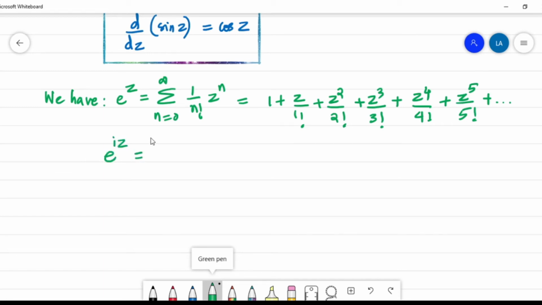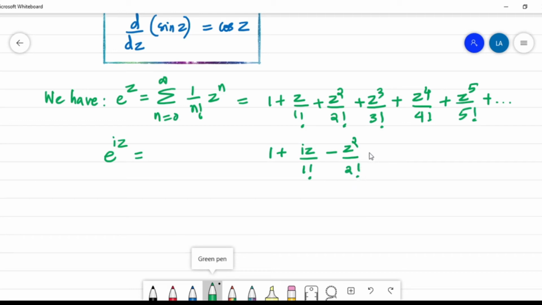When we are finding e raised to iz, we get 1 plus iz divided by 1 factorial. The next term is iz the whole squared, which is nothing but minus z squared divided by 2 factorial.